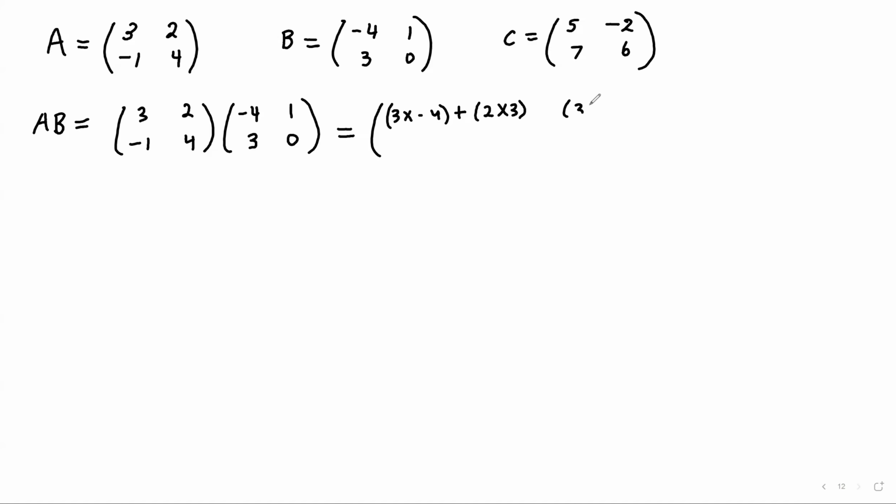So that's 3 times 1 plus 2 times 0. And then row 2, column 1, sorry. So that's negative 1 times negative 4 plus 4 times 3. And then same row 2, so negative 1 times column 2, so that's 1 plus 4 times 0.